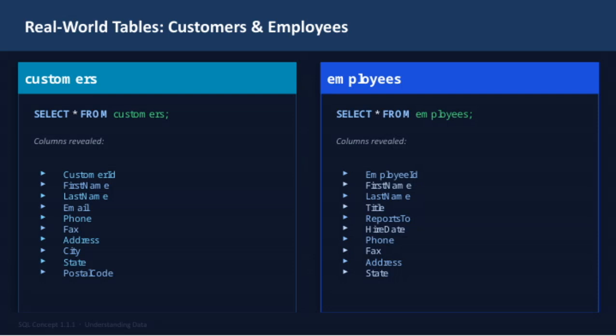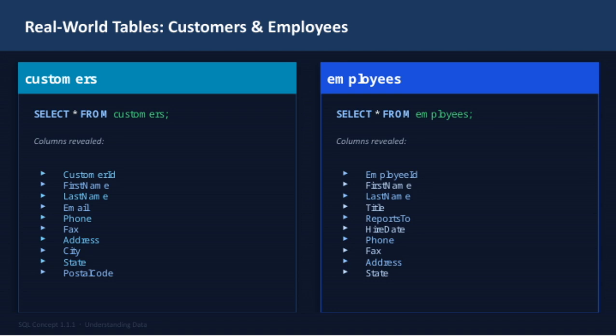Now, let's take a closer look at some key concepts related to understanding data within a database. On this slide, we see examples of employee and customer tables. For the employees table, you'll notice columns like ArtistId, first name, last name, title, and others. These columns represent different pieces of information we store about each employee.